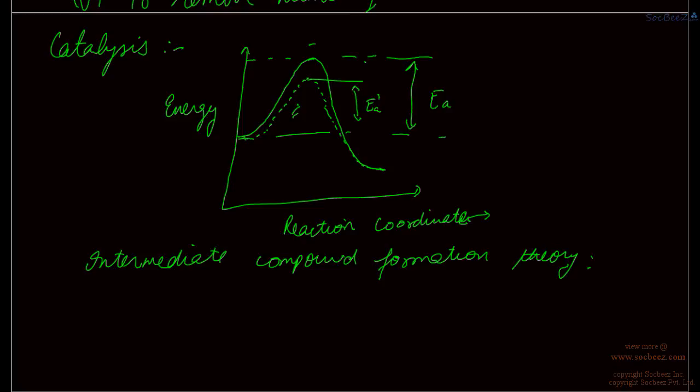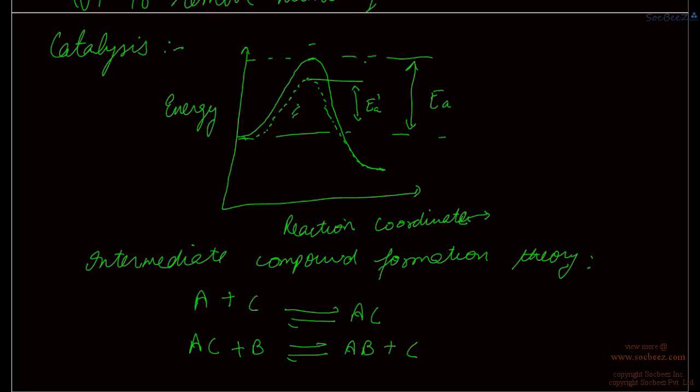In this case, suppose there is a reactant A and there is a catalyst C. They undergo a reaction and form AC, and then AC reacts with B and forms AB, and it gives off catalyst C again.